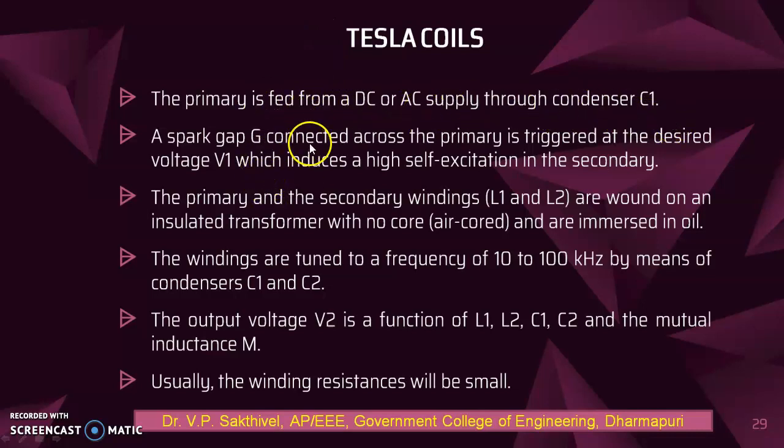Then the spark gap is connected across the primary in order to get high self excitation. Then the primary and secondary windings are wound on an insulated former with no core and are immersed in oil. Finally the output voltage can be obtained as a function of L1, L2, C1, C2 and mutual inductance. Then the winding resistance will be small.